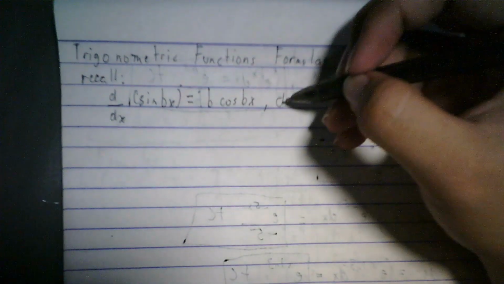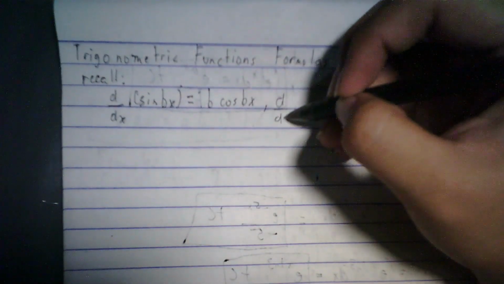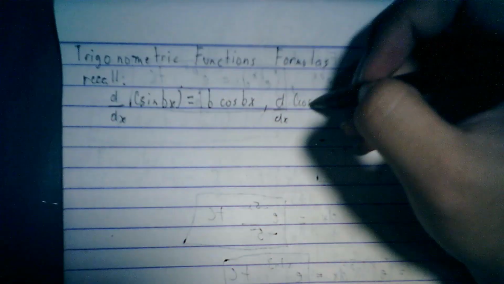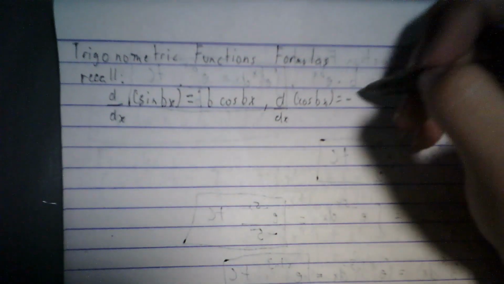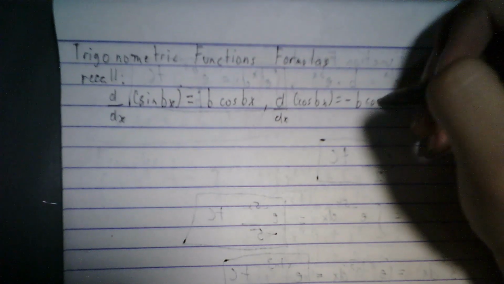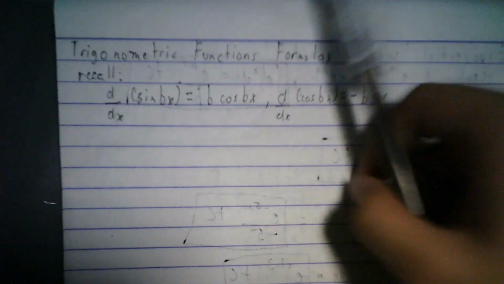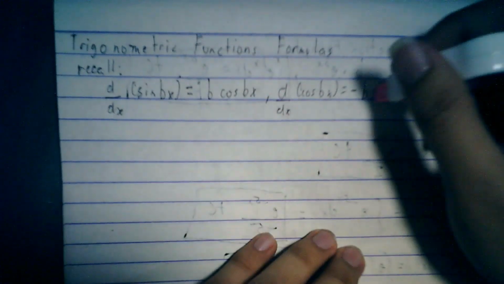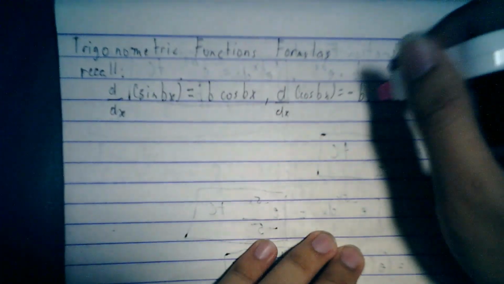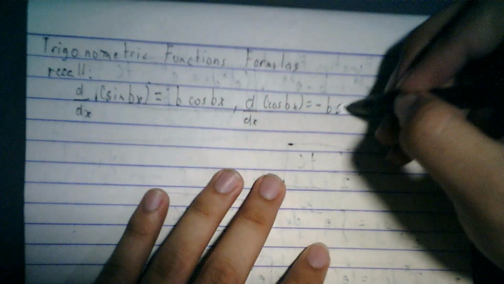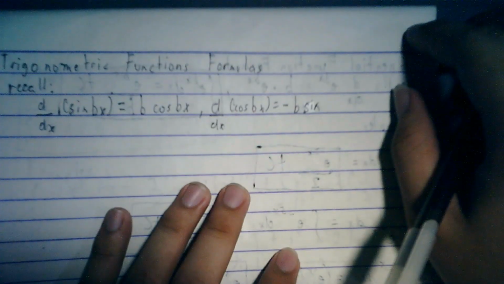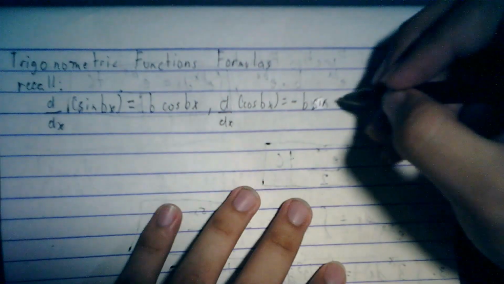Another is the derivative of cosine bx, which is just equals to negative b sine of bx.